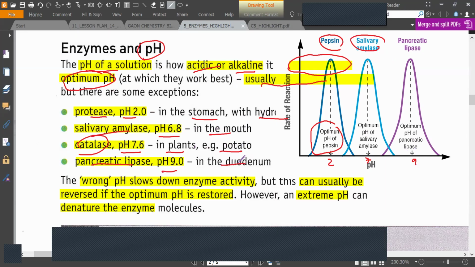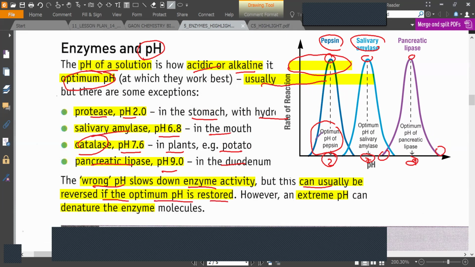So at the optimum pH, the rate of reaction is highest. When you go away from the optimum pH, the activity will be very low. A wrong pH will slow down the enzyme activity, but this can usually be reversed if the optimum pH is restored.